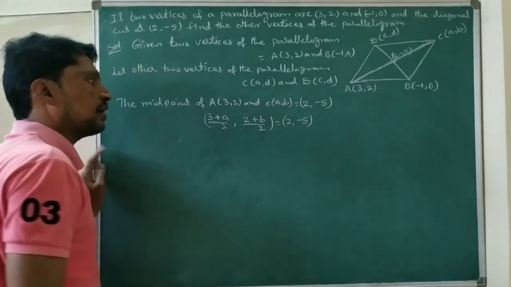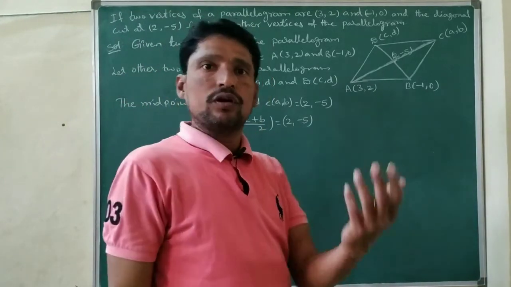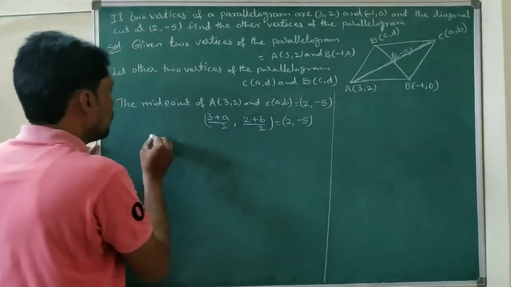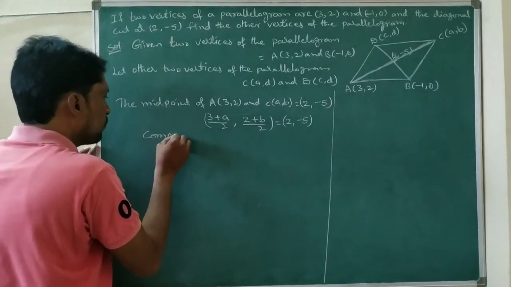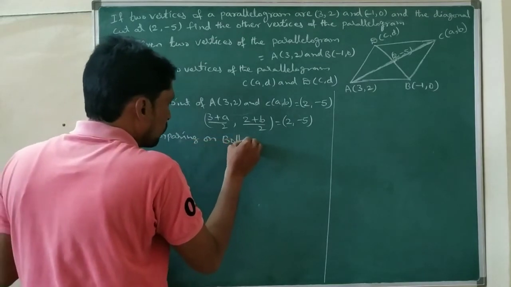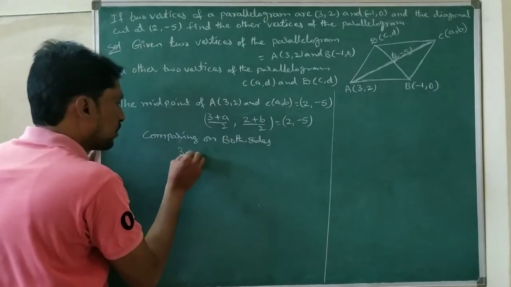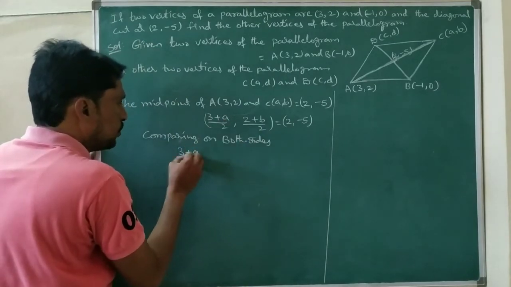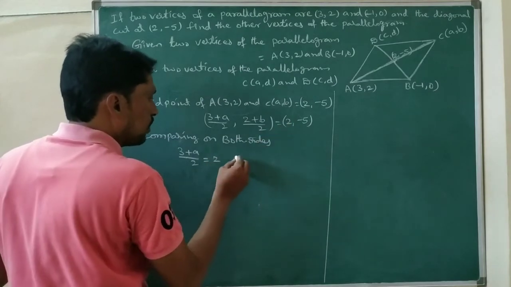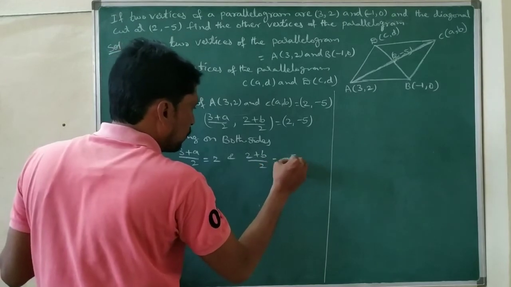Now we can compare on both sides. The x coordinate we compare with the x coordinate, and the y coordinate with the y coordinate. So (3 plus a) by 2 equals 2, and (2 plus b) by 2 equals minus 5.